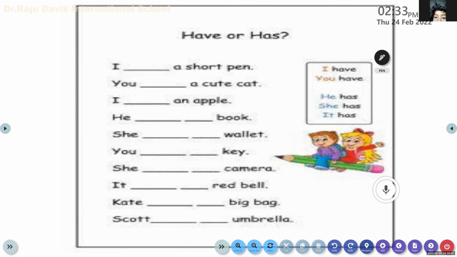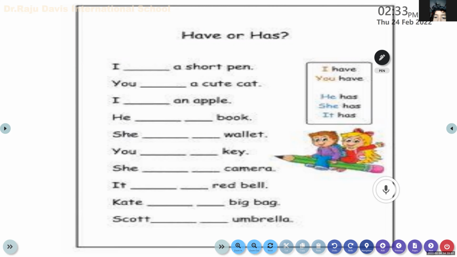Okay, I'll start with Badri. Badri, come on. Read the first question. All the others, please kindly listen. So we know that I have. Yes, very good.